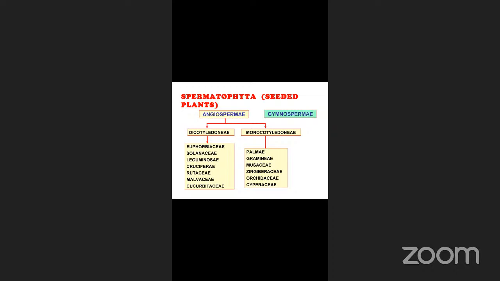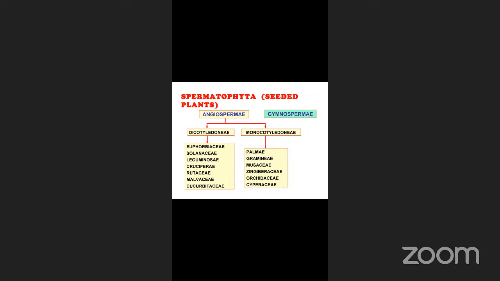Leguminosae is an old, traditional name; the alternate name is Fabaceae. Next, Umbelliferae, the common name is Apiaceae.